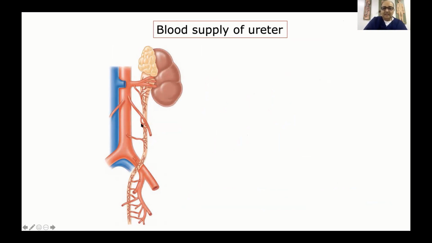Then you can see there is a gonadal artery which is crossing in front of the ureter, so it gives a contribution to the middle part of the abdominal ureter. Then we have a direct branch from the aorta that is also supplying the ureter. Then from the common iliacs, you can see there's a branch which is supplying the ureter. From the internal iliac, you can see there's a branch coming from that. And there are so many numerous branches, all of them contributing to supply the ureter. So you can see how rich the blood supply is.